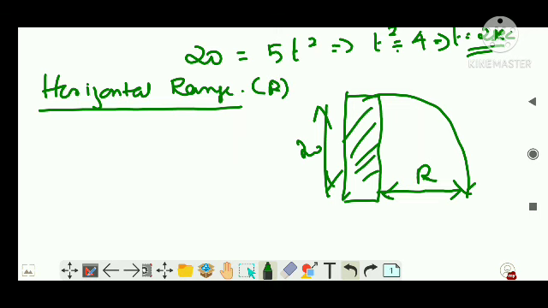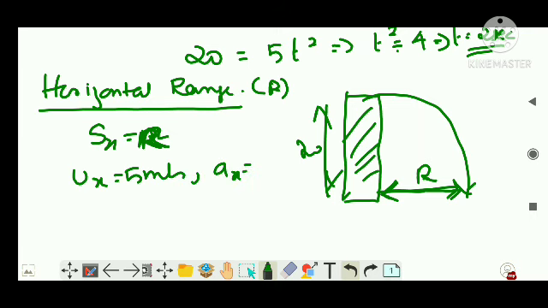So that means what type of displacement am I going to handle? I am going to handle the x direction displacement, and that is what has been asked here, right? And I know the velocity in the x direction is 5 meters per second at every point of this projectile motion, and since the acceleration in the x direction is constant, the acceleration is 0, right?